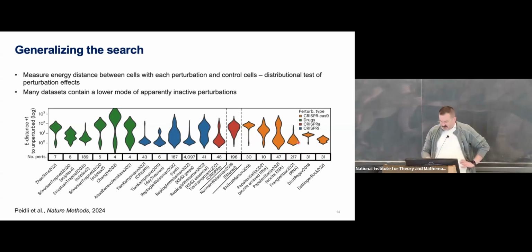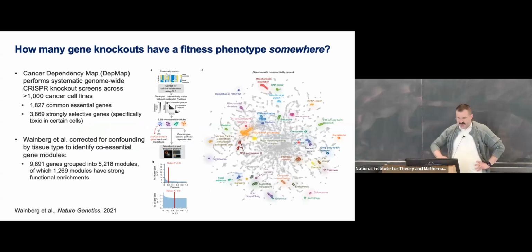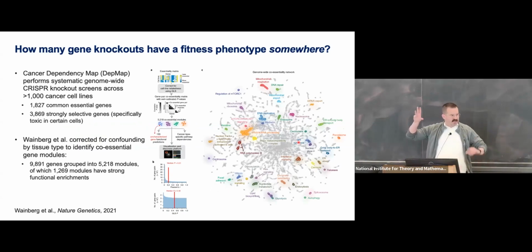And then I think we can go to the most comprehensive functional genomics experiment in existence. We can go to the DepMap and ask how many genes they are getting phenotypes for. There are two ways that you could look at it. If you just look at what things show strong conditional essentiality somewhere, that's about 5,000 genes.